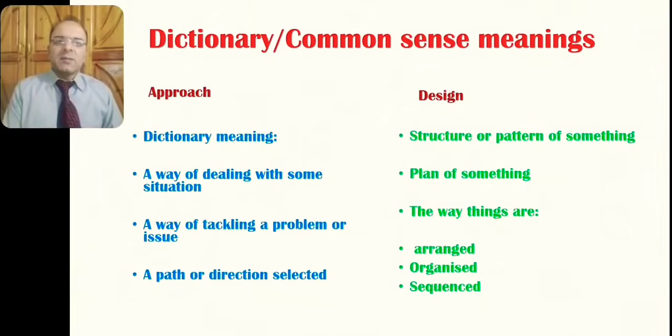So as the very name suggests, designing is structuring or patterning of something. And so organization is involved, arrangement is involved in the process of designing, and sequencing is also involved in the process of designing. And all of these terms and concepts are interrelated. So this is a general difference between what an approach means and what a design actually means.